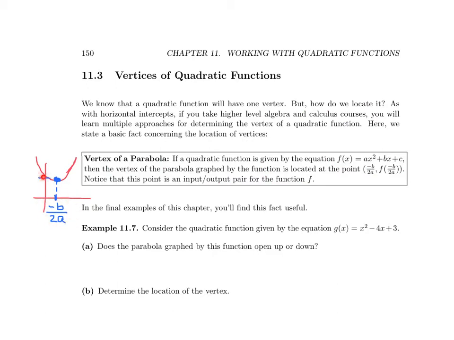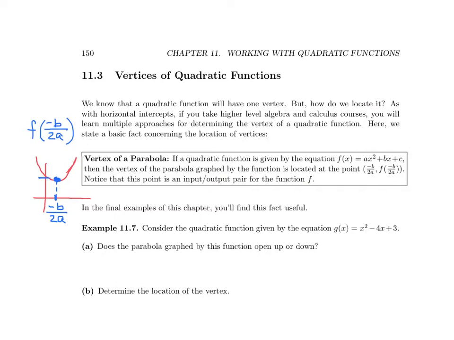The y value would be the output. So to find the y value, you will take your function and substitute this number into it. So the input-output pair will give you the coordinates of the vertex.